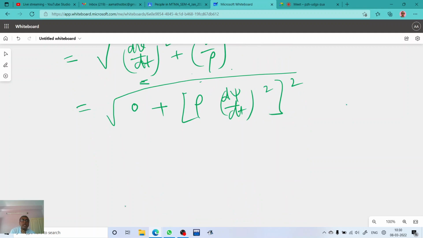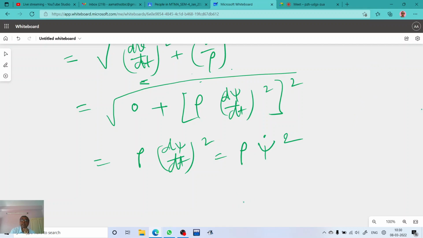From this the square cancels, so we get rho into d psi dt whole square, and that is equal to rho into psi dot square. So the acceleration of a point moving in a curve is rho into psi dot square.